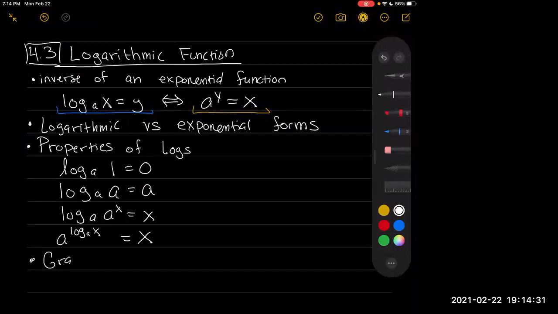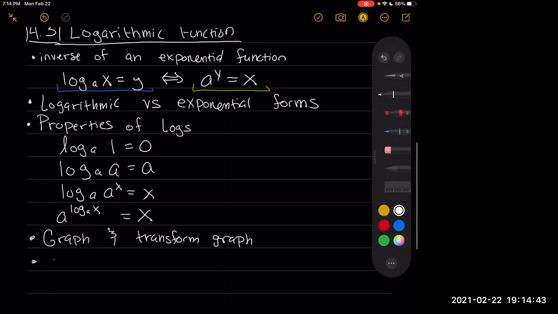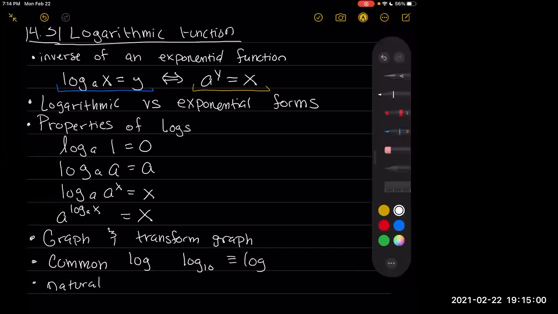And we also learned how to graph and transform graphs of logarithmic functions. And then we learned about the common log, which is log base 10, and we just write as log. And we also learned about the natural log, which is log base e, and we write that as ln.